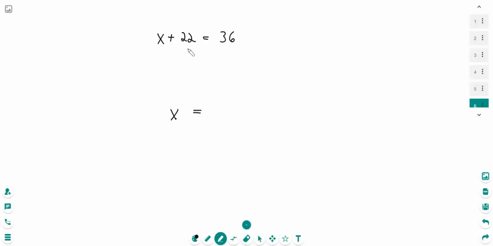So we already learned how to manipulate this equation to get different numbers and yet still have the same solution. So let's just use our heads now and think about what we could add to both sides so that we can get x all by itself.